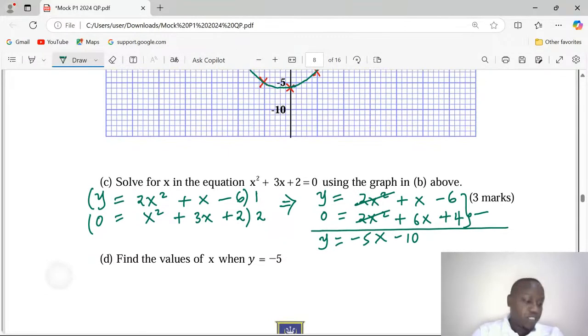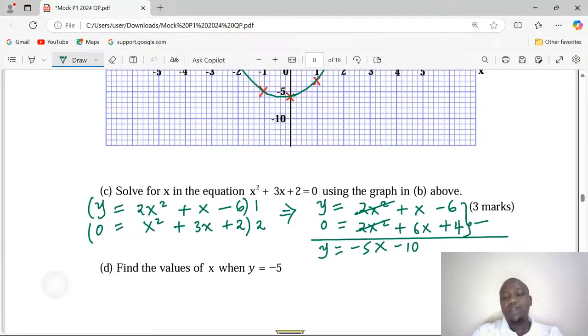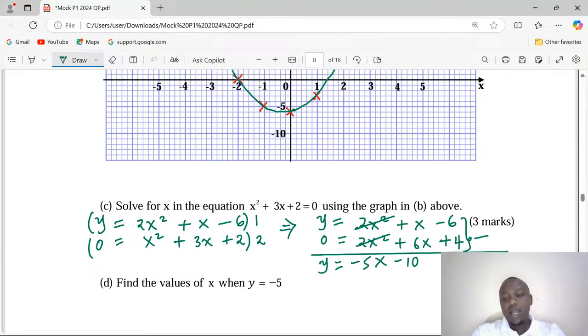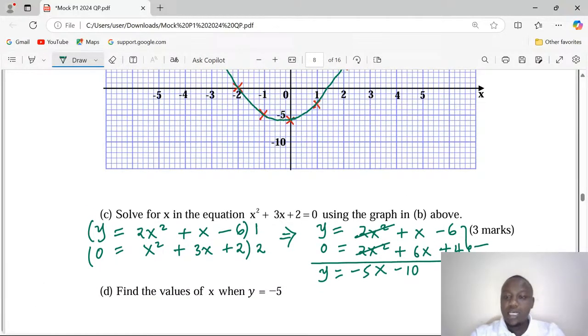For us to plot this equation, we have to come up with at least 2 coordinates, but more than 2 coordinates are important. So I come up with a small table of values of x and y for this particular line. When x is 0, you substitute 0 in the equation for this line, and the value of y becomes negative 10.